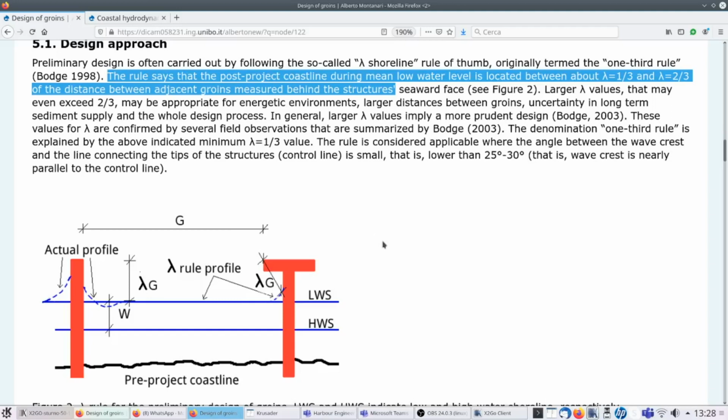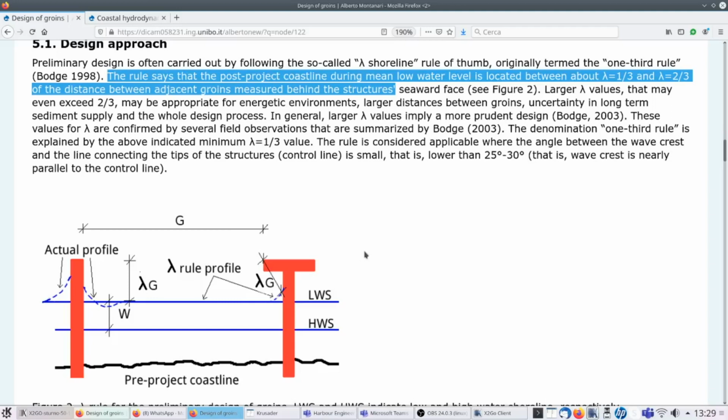And this is something that you can see in the figure that I showed before, which I'm going to show you. And of course, lambda G is not rectilinear, so the dashed blue lines put in evidence that updrift of the groin you have some more deposition, some more accretion, because the sediment delivery is stopped, and downdrift you have some more erosion.